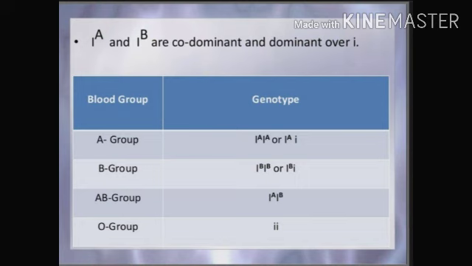IA and IB are codominant and dominant over small i, that means small i is recessive. In the given table you can see if the blood group is A, then the genotype will be IA IA or IA i. If the blood group is B, then the genotype is IB IB or IB i. In the AB blood group, the genotype is IA IB. And in the O blood group, the genotype is small i small i.